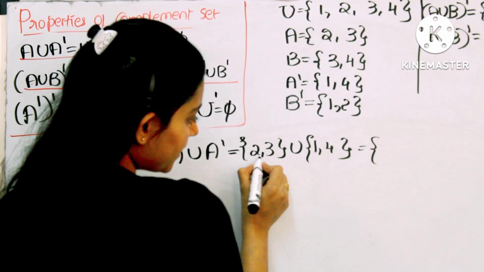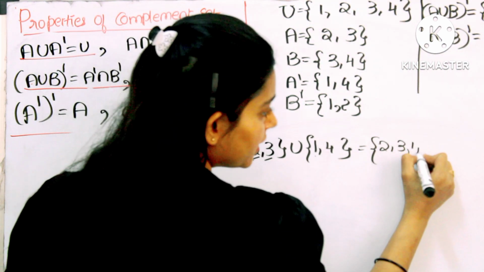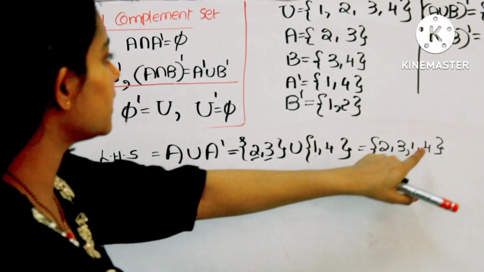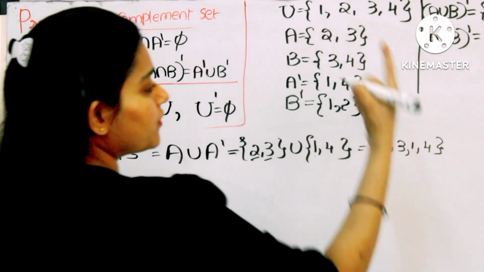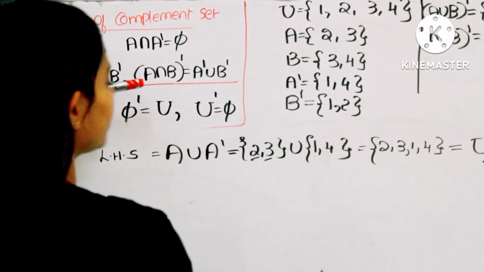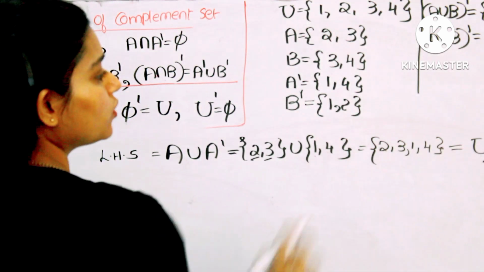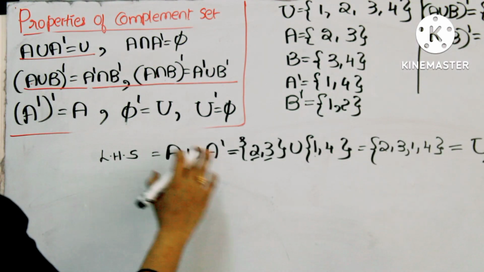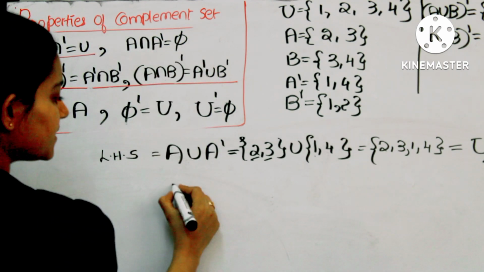So 2, 3 as it is, and 1, 4. Combining all the elements, this is 2, 3, 1, 4, which is 1, 2, 3, 4, all the elements in the universal set. This is equal to the universal set U, which is the RHS. LHS equals RHS. A union A complement gives U again. So this one is proved. Next is A intersection.